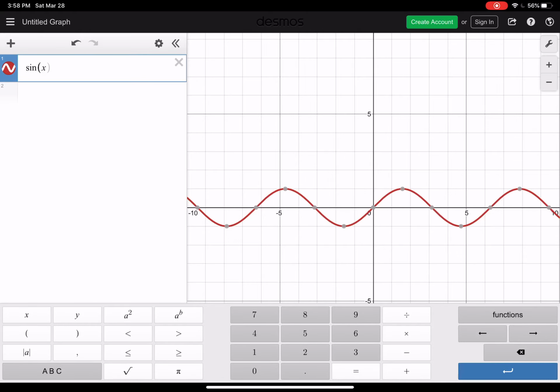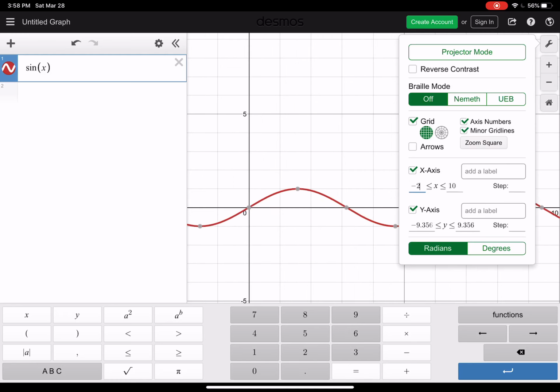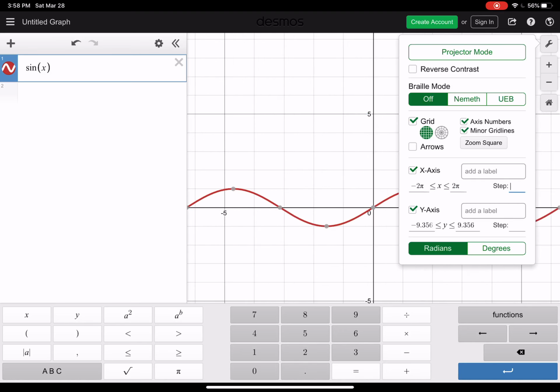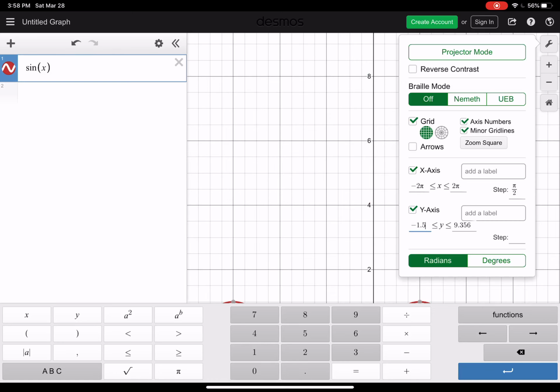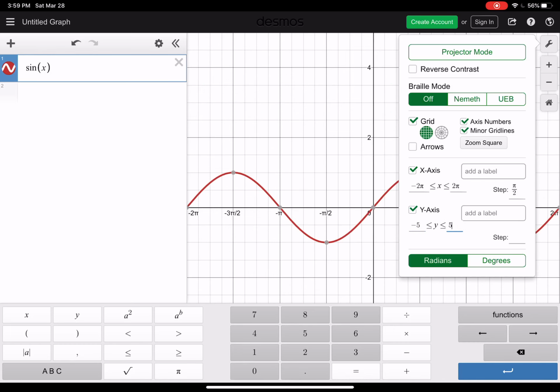Over here I'm going to label this a little bit: negative 2 pi to 2 pi, going up by pi over 2, and then for y, actually, I'm going to change this, negative 5 to 5, just so that we see the difference.